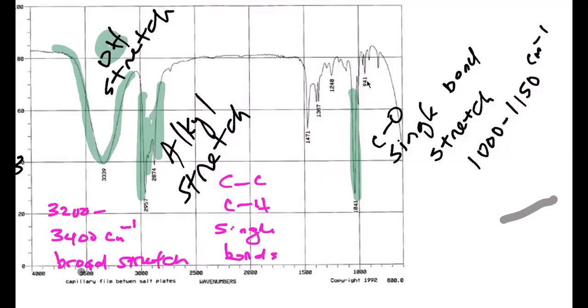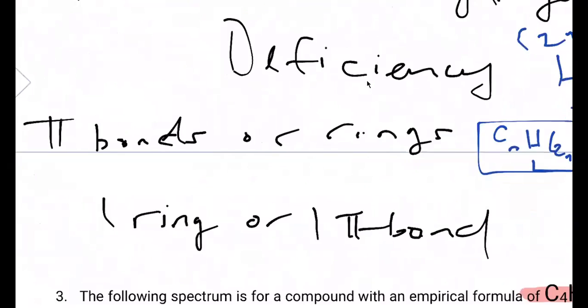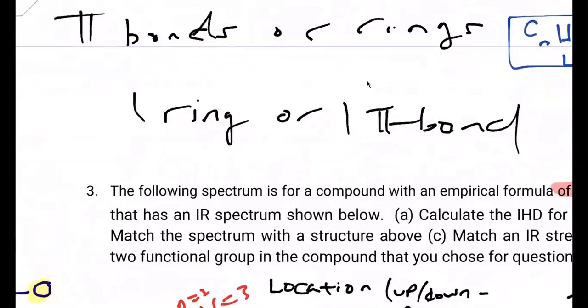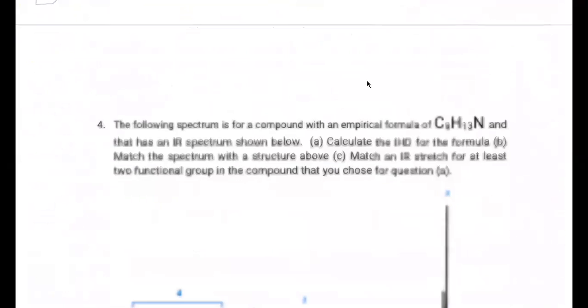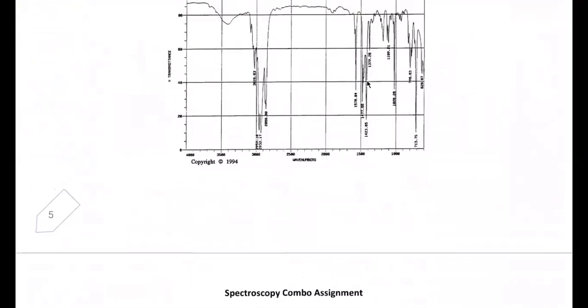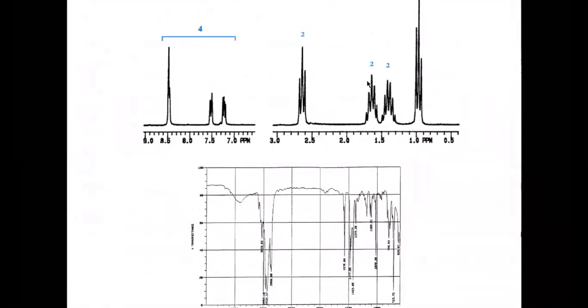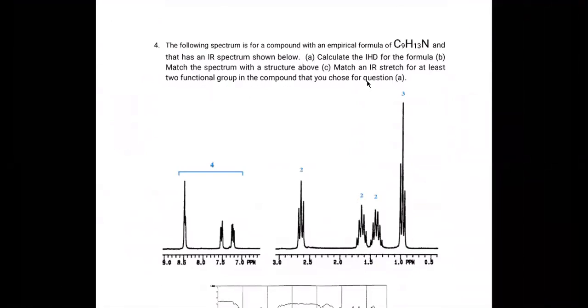All right, let's go to that last question. Now point out a couple of the stretches here as well. Let me paste this down here. All right. So how many signals are in that spectrum?